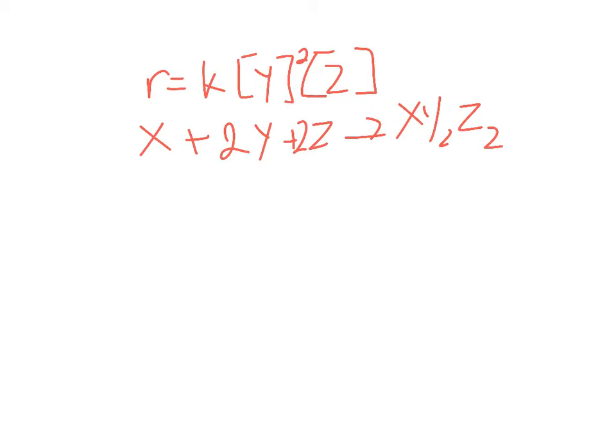The reactants from the slow step. What are the exponents in the rate law equation? 2 and 1, so those are your coefficients.